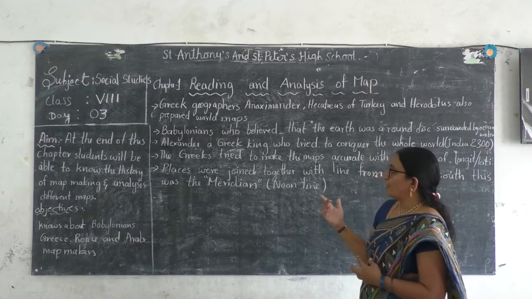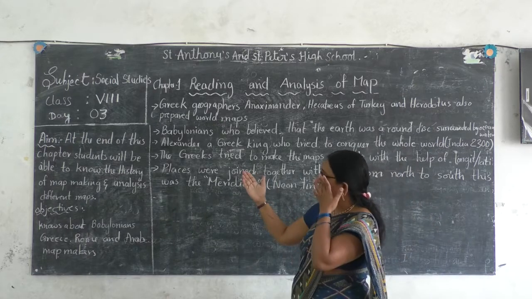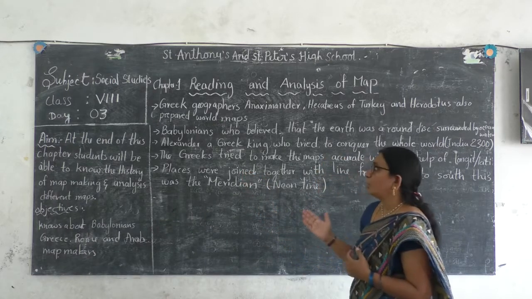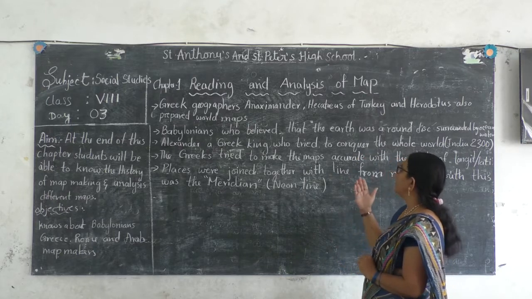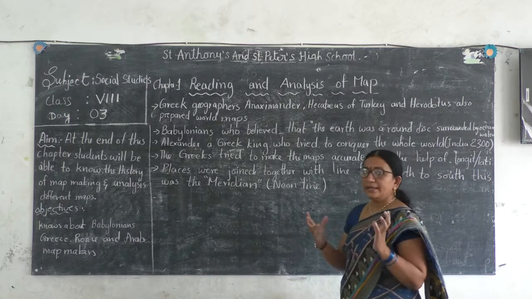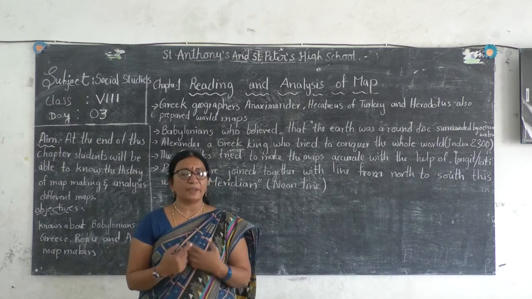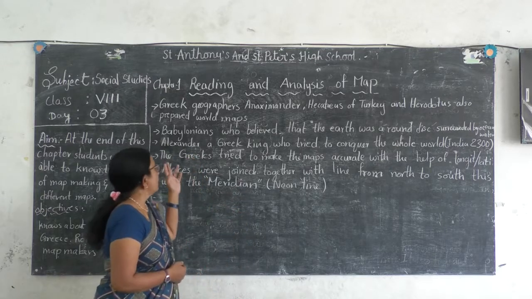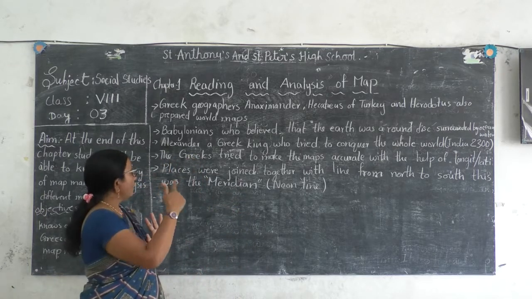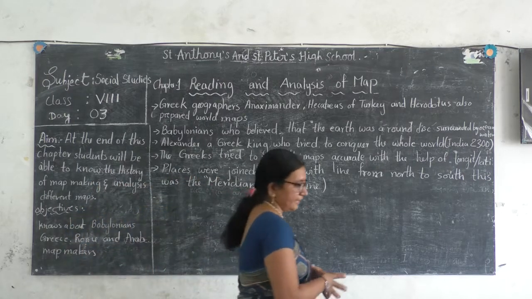And Babylon, I showed you the map in the last class, how the Babylonians believed that the earth was a round disc. Until now they didn't have any idea that the earth was round in shape.